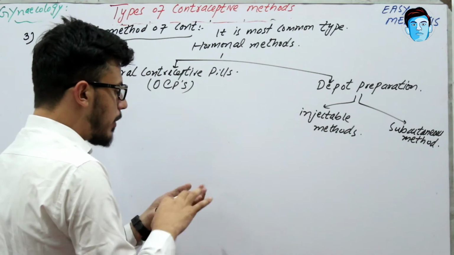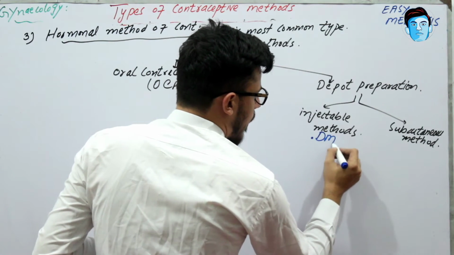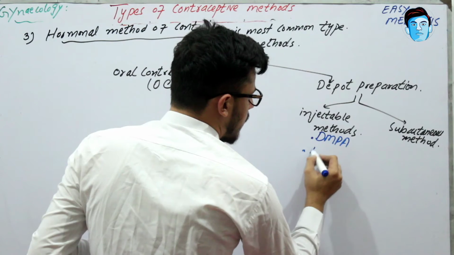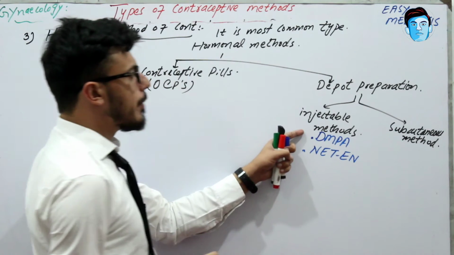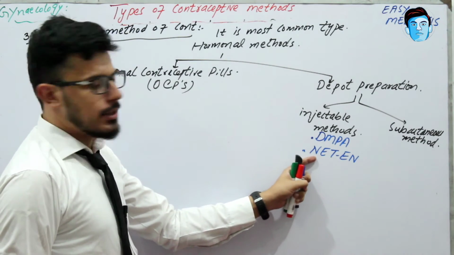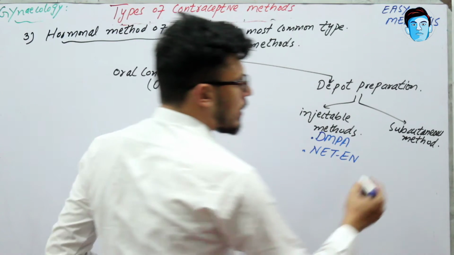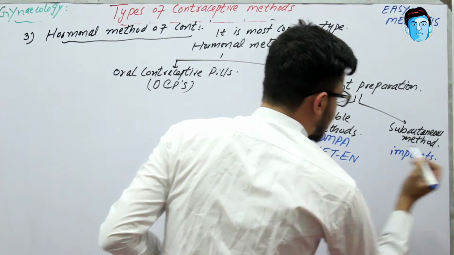In injectable methods, there are two types: DMPA and NET-EN, that is depot medroxyprogesterone acetate and norethisterone enanthate. While the subcutaneous method includes the implants.